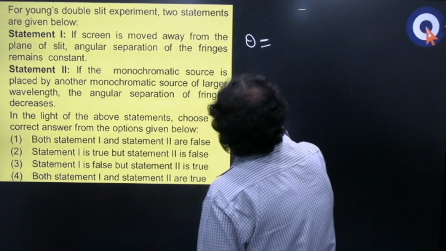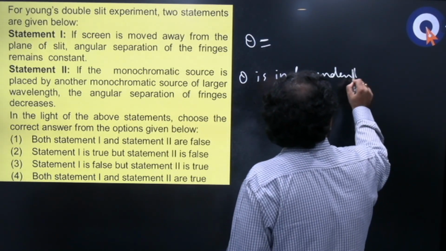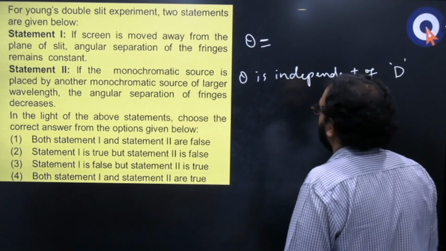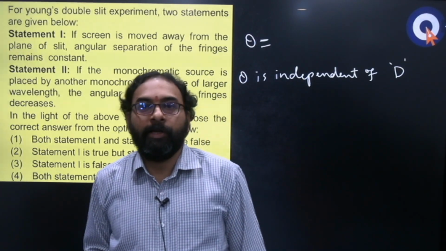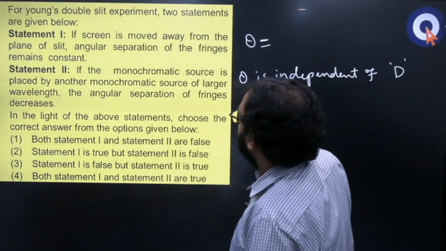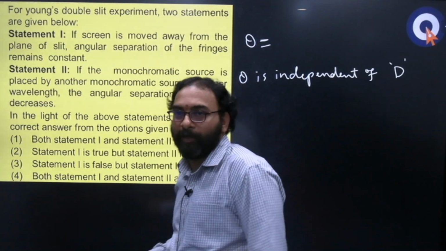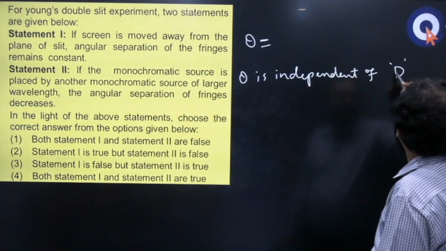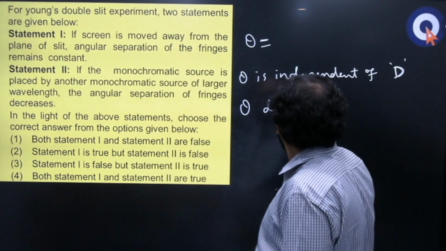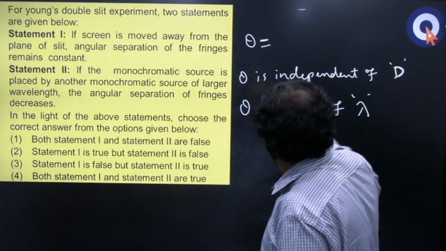So theta is independent of capital D. It depends only upon small d. That's the first statement. So what we can say? If the screen is moved away, then angular separation remains constant. So it is independent of D. Next, theta depends on the wavelength of light used conceptually. So theta depends upon capital D.